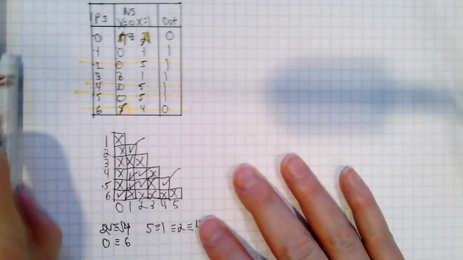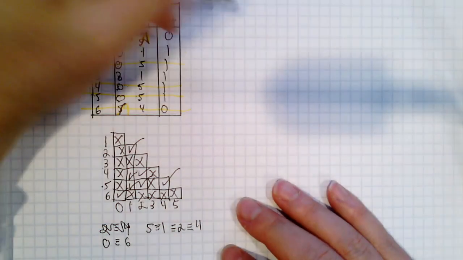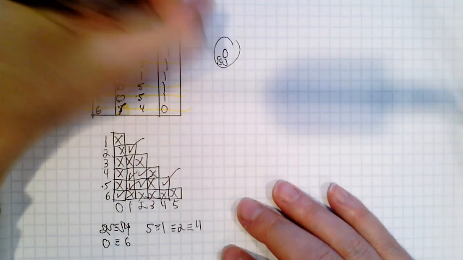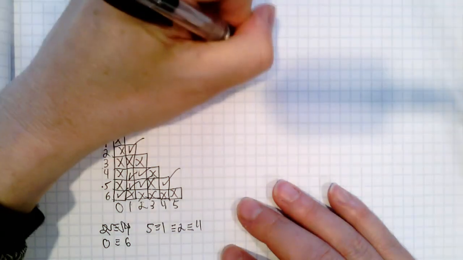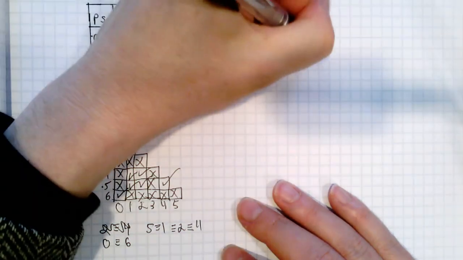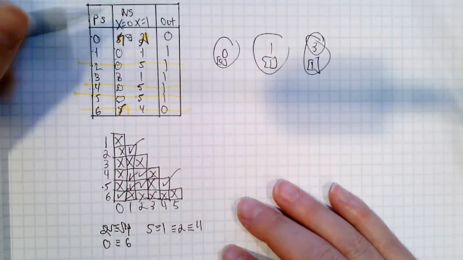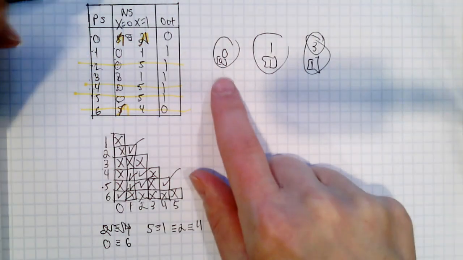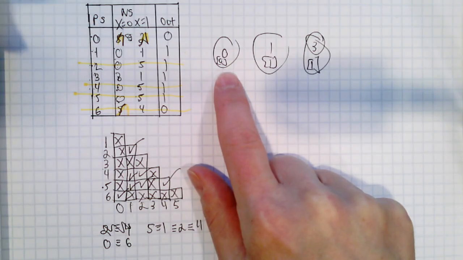So by the time we're done, we got a 0 with output 0. We got a 1 with output 1. We got a 3 with output 1. We don't need any other states. And if you get a 0 or a 1, it looks like you're just going to stick there at 0.